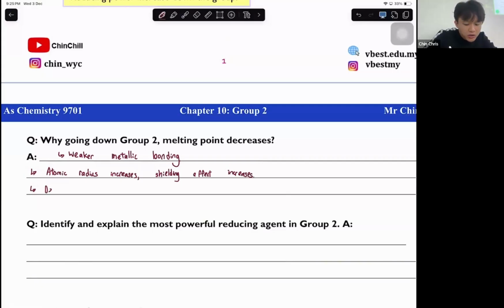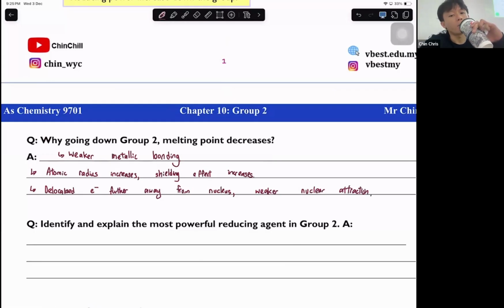So I can mention the delocalized electron is further or closer. So your delocalized electrons are further away from your nucleus, right? Which results in weaker nuclear attraction. Get me? That's it. Clear, good boy.